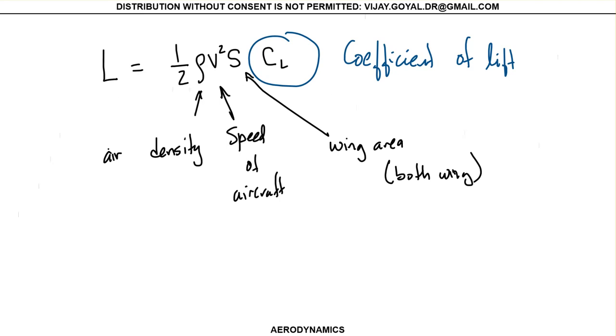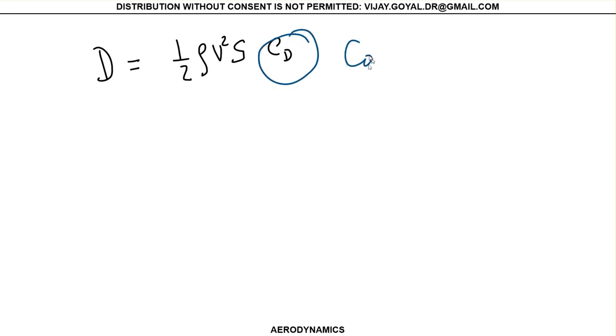Similarly, we could have the same thing for the drag. Drag is nothing else than D is equal to 1/2 rho V squared S times CD, and this is the coefficient of drag. Okay, and these properties are the same as before.